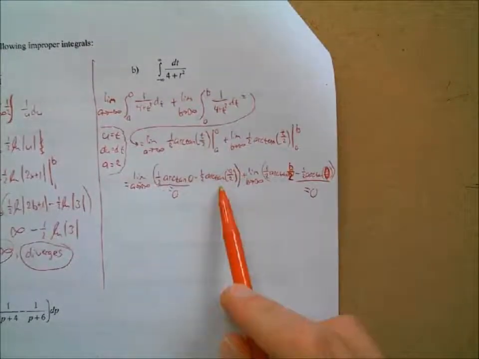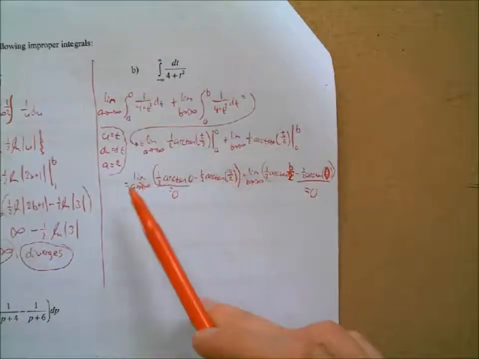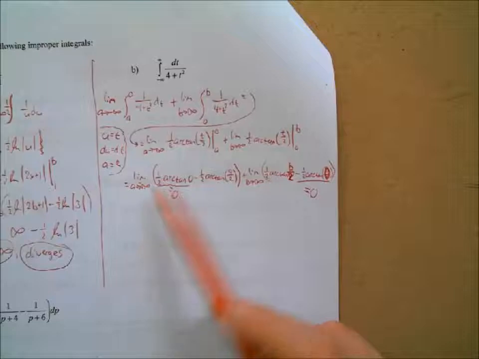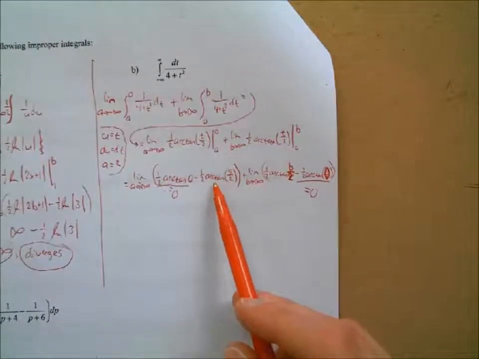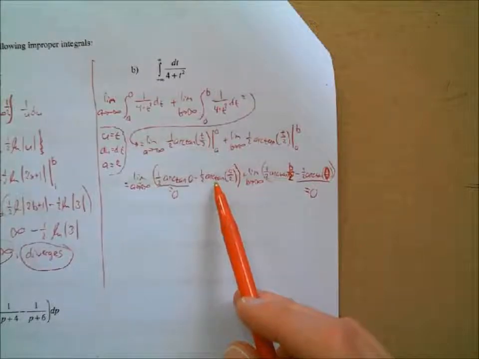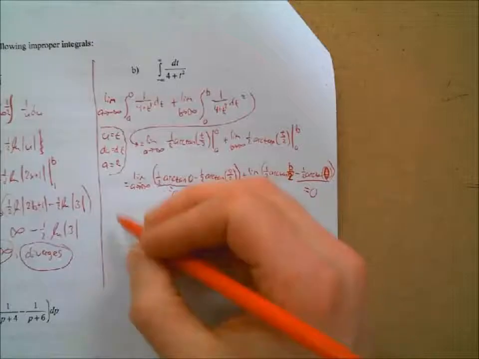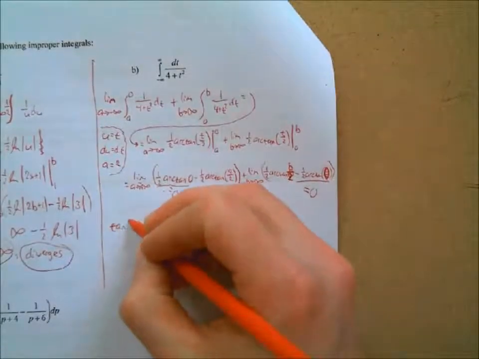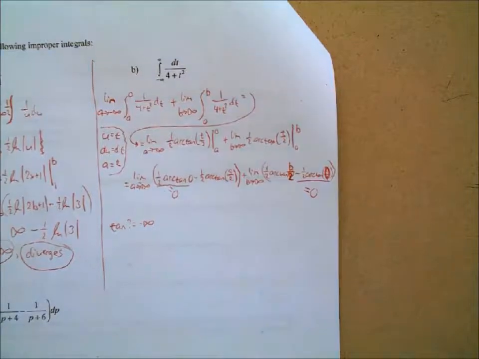And then for our other piece here, we have arctangent of a over 2, which is really going to be negative infinity divided by 2, still negative infinity. We want to evaluate arctangent of negative infinity, or in other words, tangent of what gives us negative infinity? Believe it or not, this has a value.